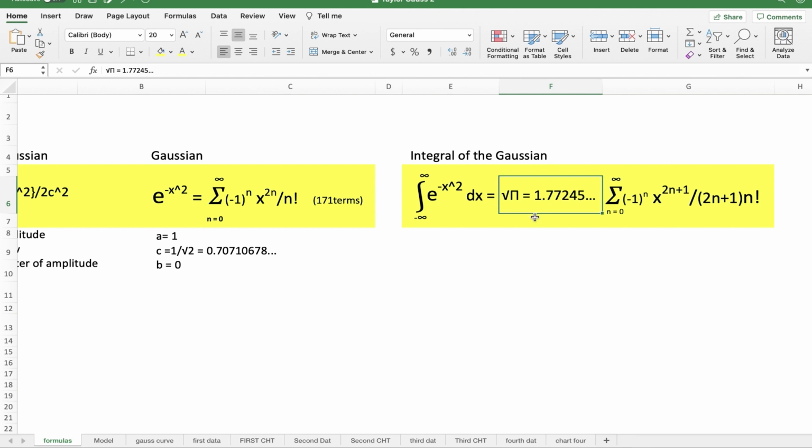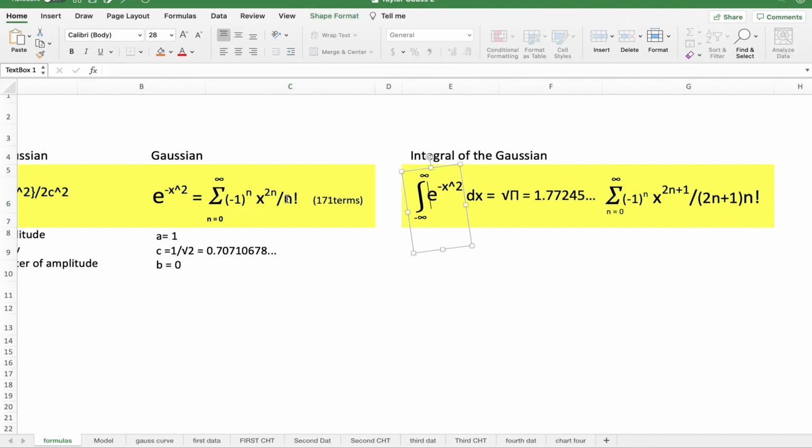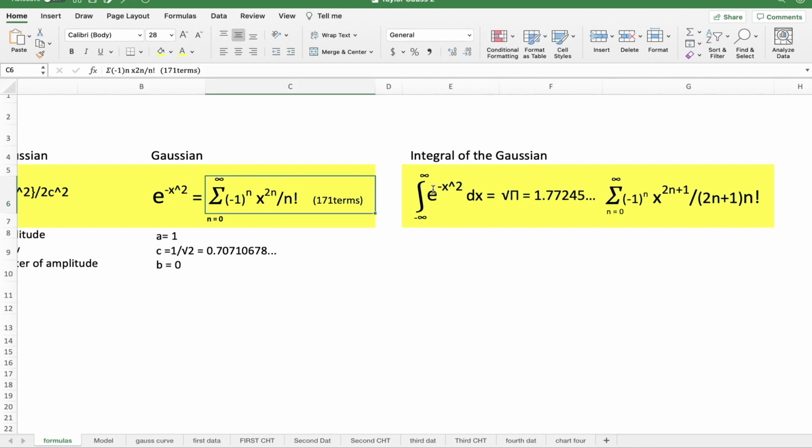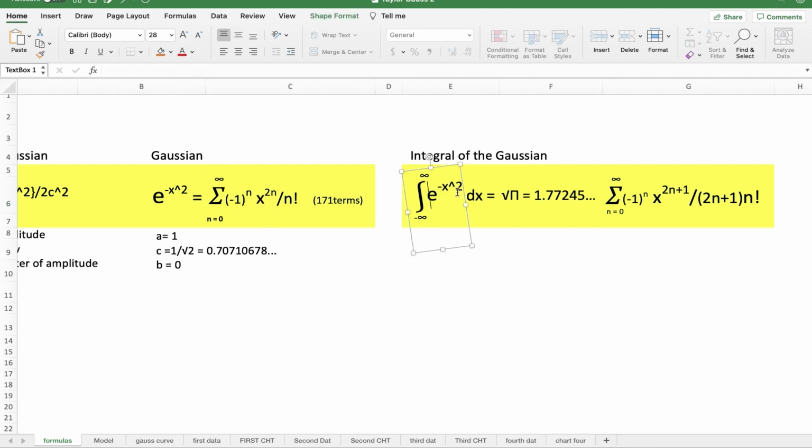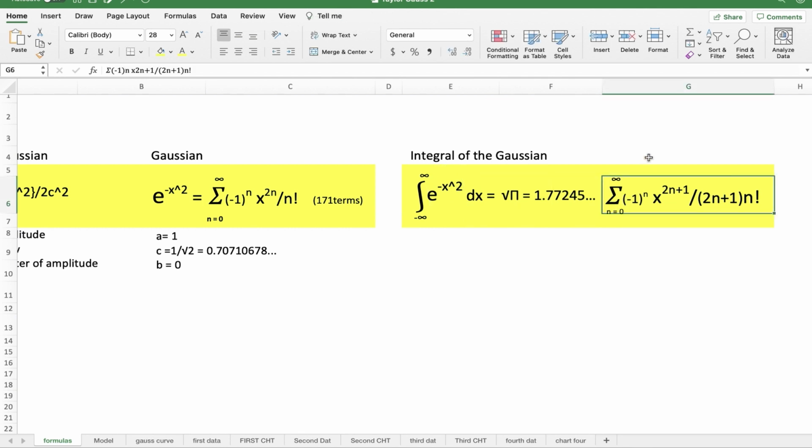And the interesting thing is that when you integrate this series, you can integrate it. You can use this to substitute into this integrand. And when you use the Taylor series in the integrand, you end up with this series right here, this Taylor series.